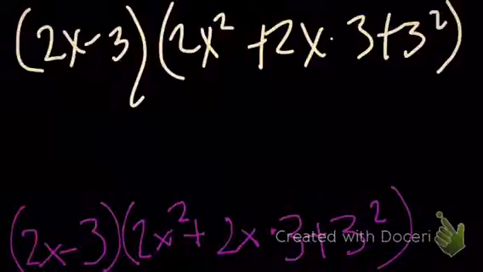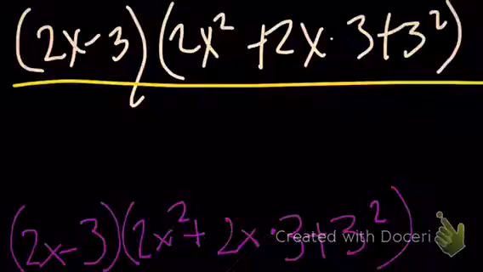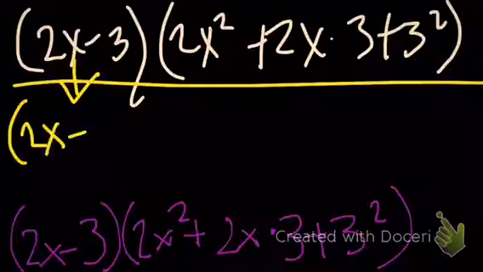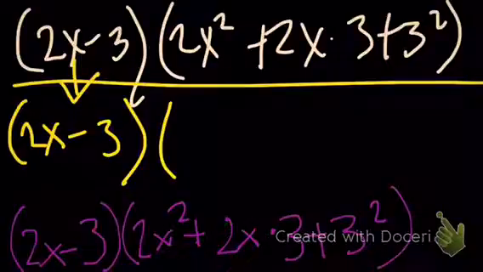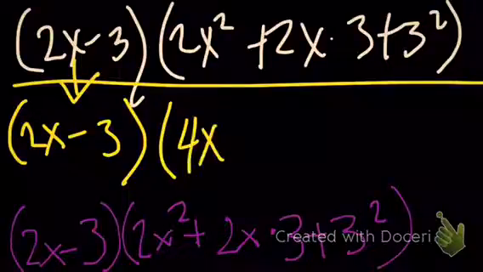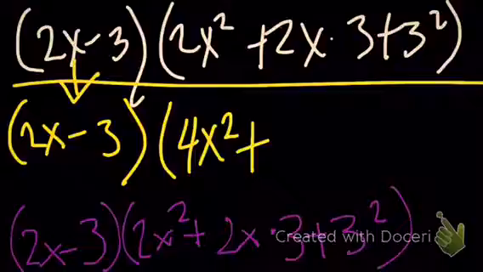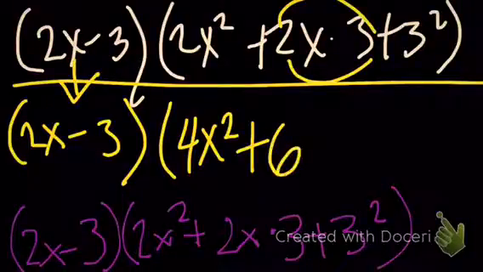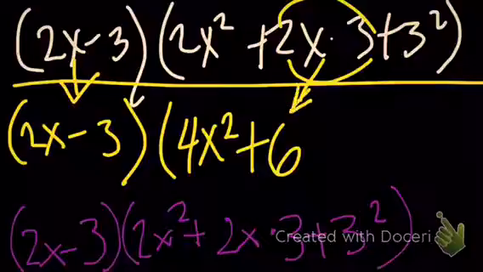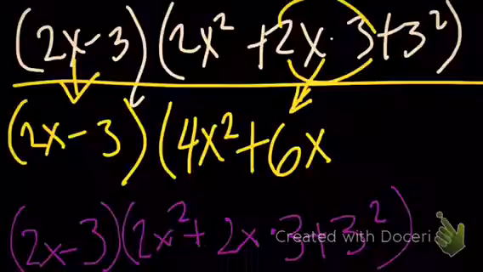Alright, so now that we've gotten to this point in our process of solving the equation, again, we're just going to take down this first set of parentheses and leave that as 2x minus 3. And then open another set of parentheses and square this 2x, so that's going to give us 4x squared. And then we're going to multiply the 2 and the 3 by each other, so it's going to give us 6, and then carry down that variable that follows these two coefficients, so it's just going to follow x after the 6.